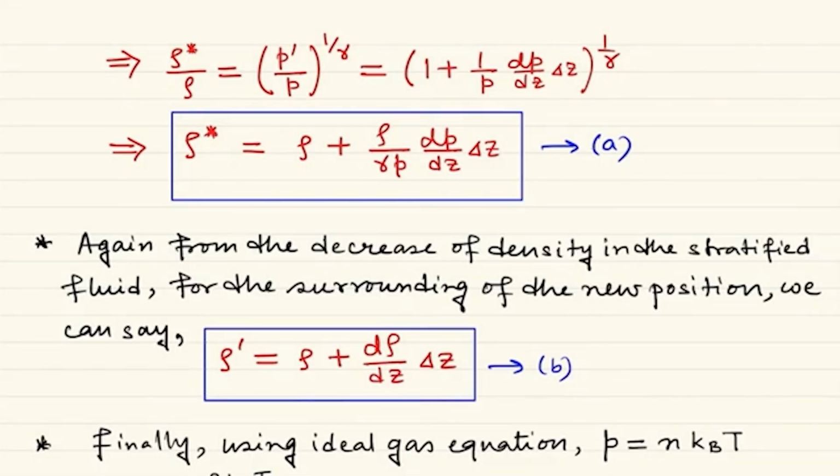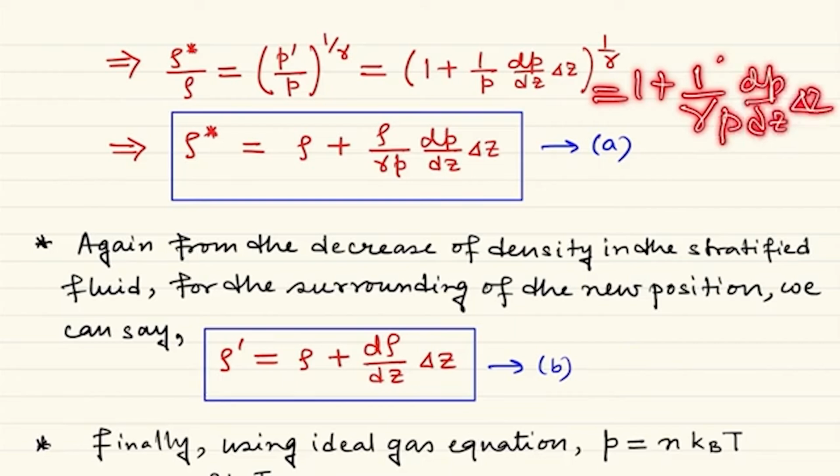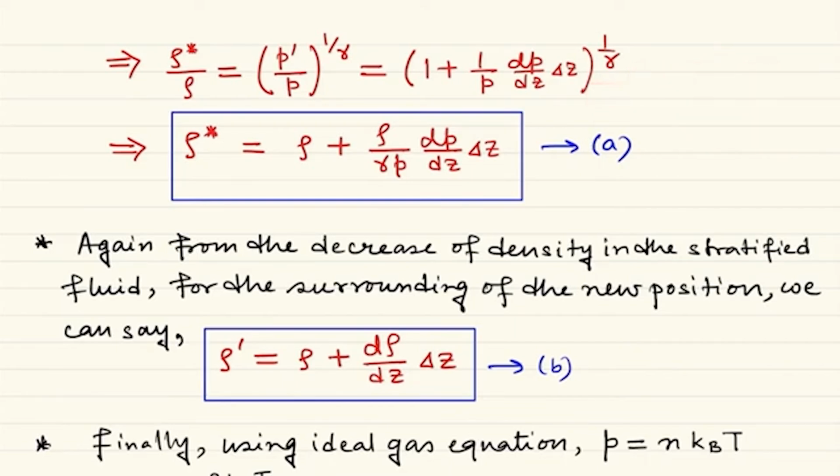Finally you will have rho star equal to rho plus rho by gamma P dP dz delta z, because this is equal to 1 plus 1 by gamma P dP dz delta z. Now you just multiply throughout by rho, and then you have this equation, small a.